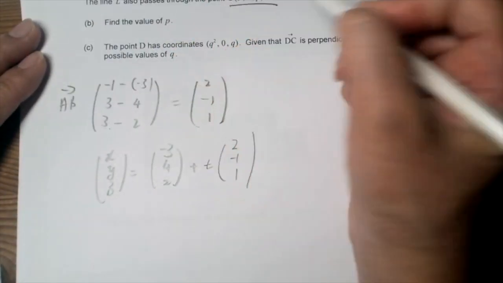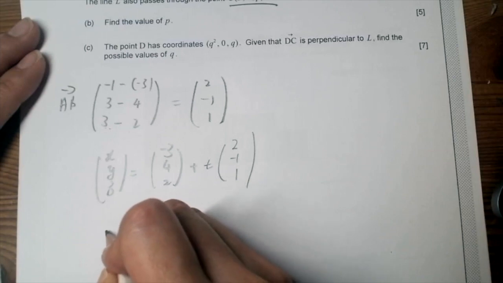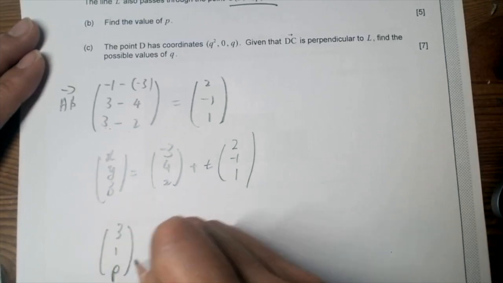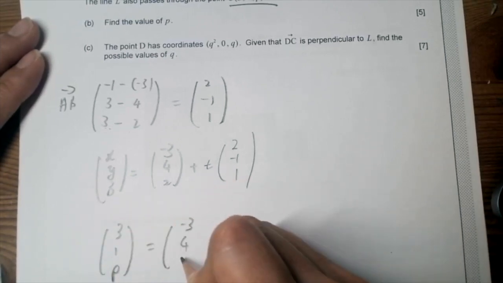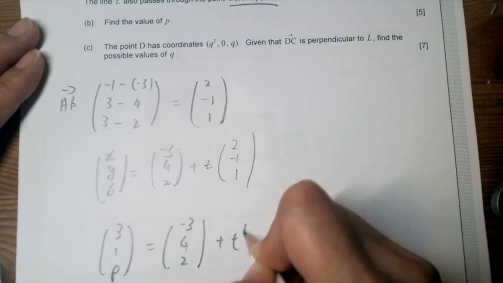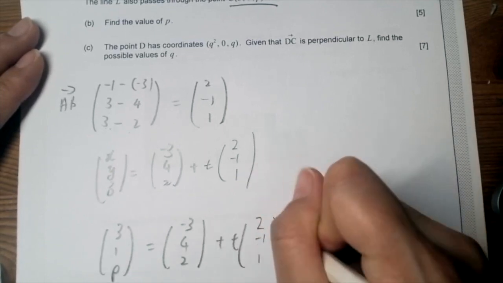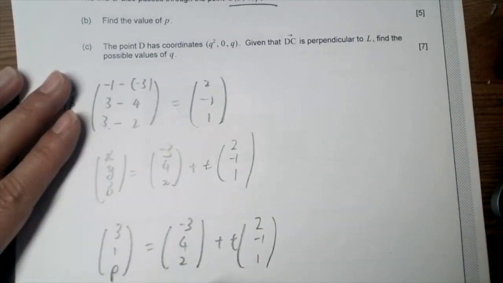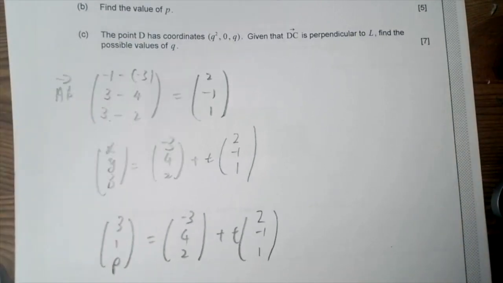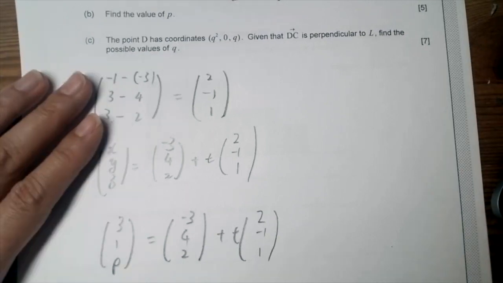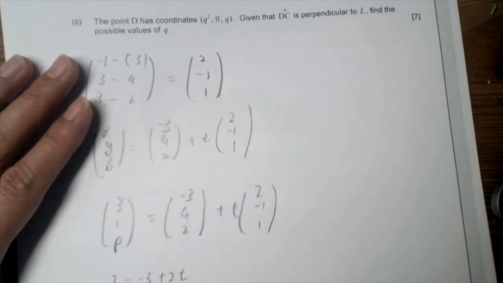So now P goes through this point. So we will have (3, 1, p) equals (negative 3, 4, 2) plus t times (2, negative 1, 1). In one of the equations, we have 3 equals negative 3 plus 2t. We need to find t first, and then we will be able to find p. So 6 equals 2t, t equals 3.